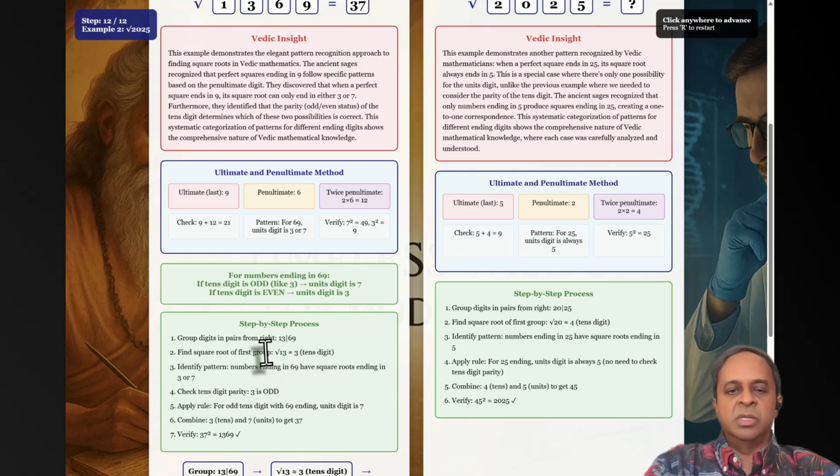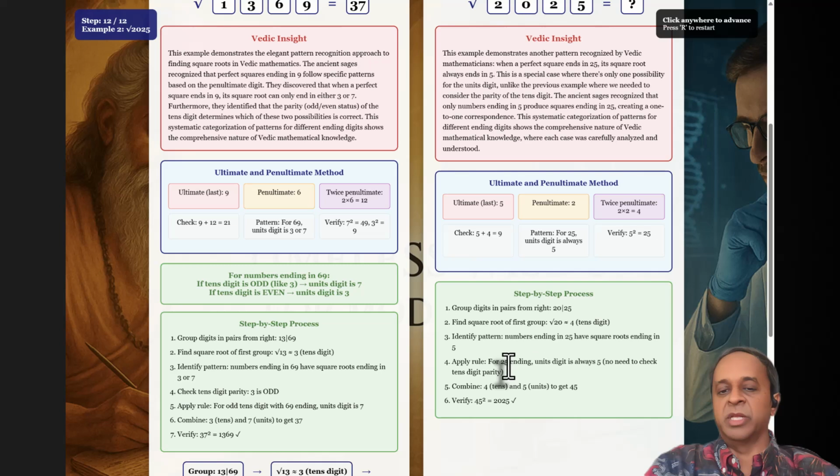So, in conclusion, for the sutra Sopaantyadvayamantyam demonstrates the sophisticated understanding of number patterns possessed by the ancient Vedic mathematicians. All they did was recognize the power of our brain.